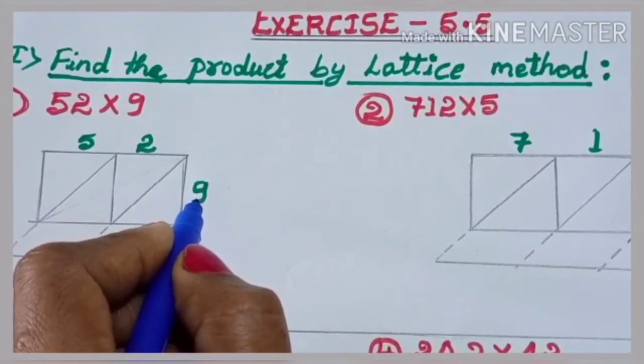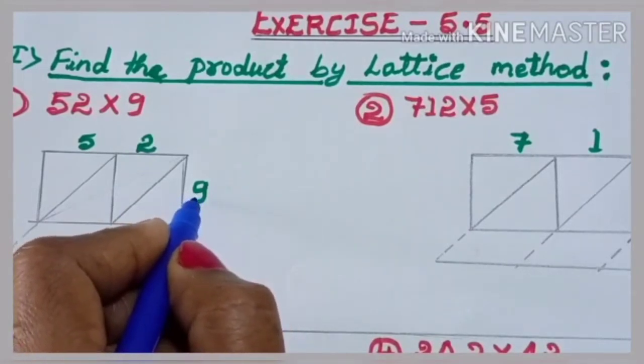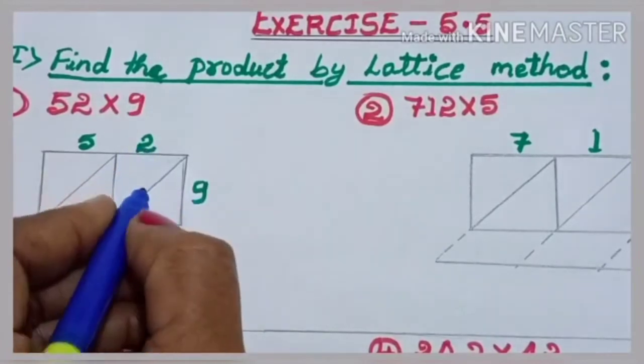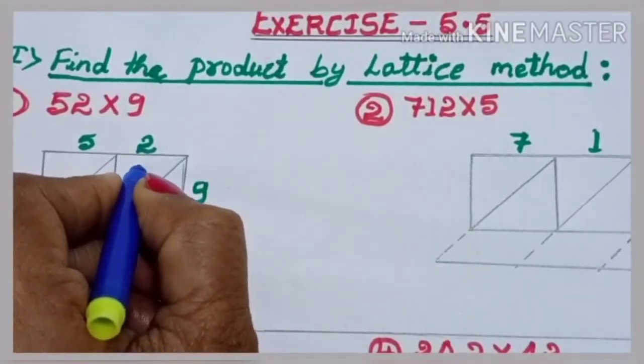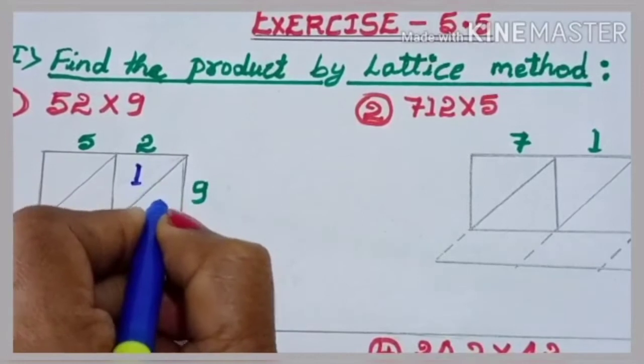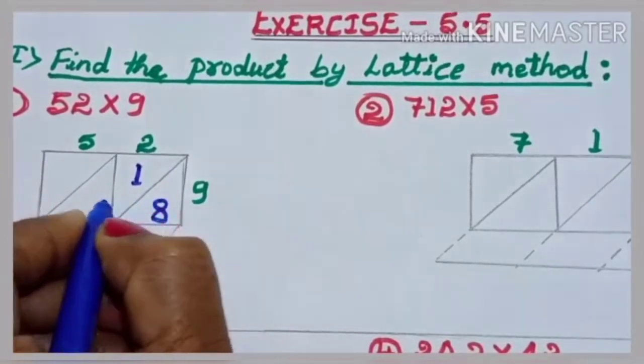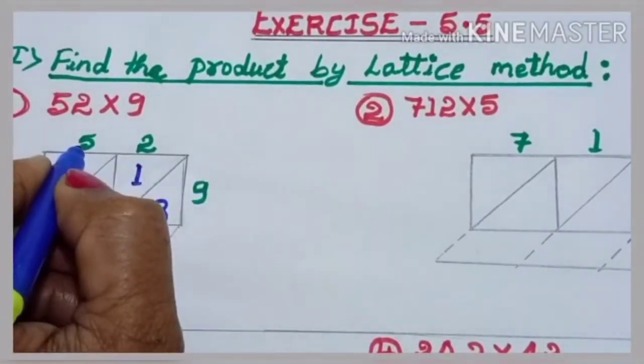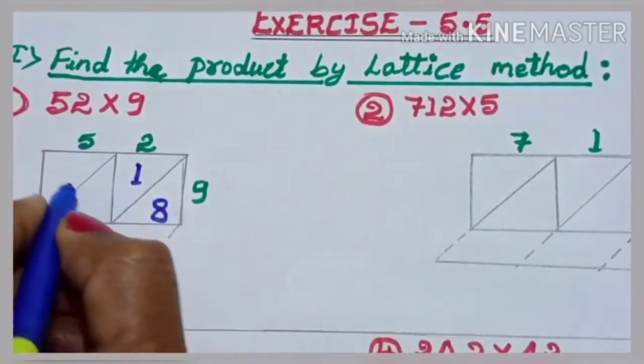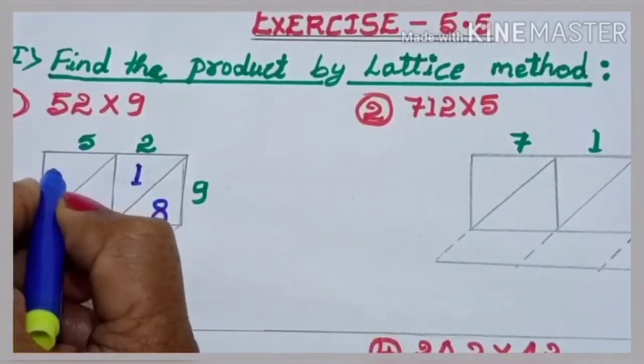Now multiply. 9 twos are 18. Write 18 in the box. 9 fives are 45. Write 45 in the box.